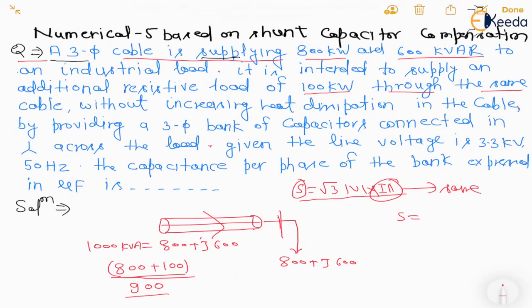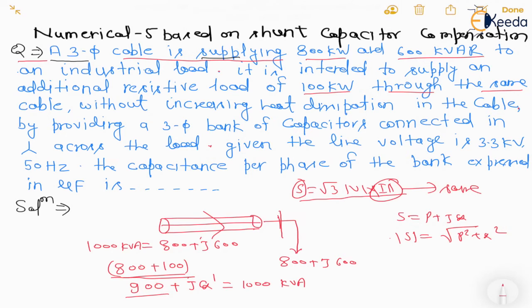S is P plus jQ, so the magnitude of S is under root P square plus Q square. If S is constant and P is increasing, then Q needs to be reduced. So the cable will supply 900 plus j Q dash, and we need to find this Q dash, with S equal to 1000 kVA.